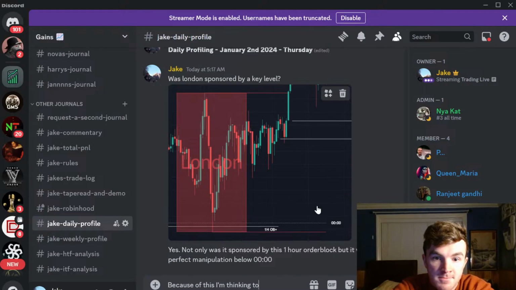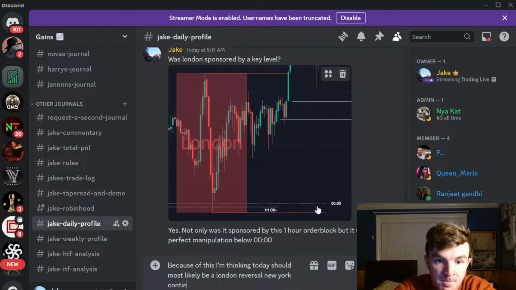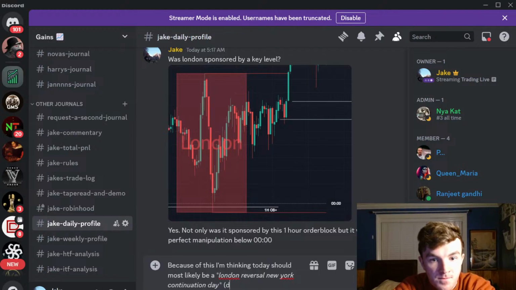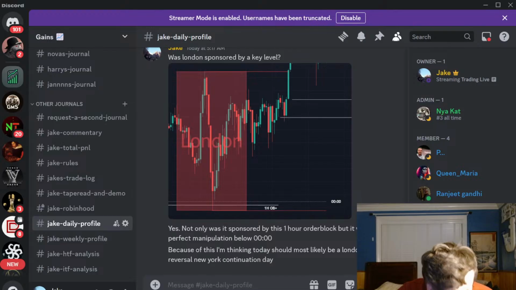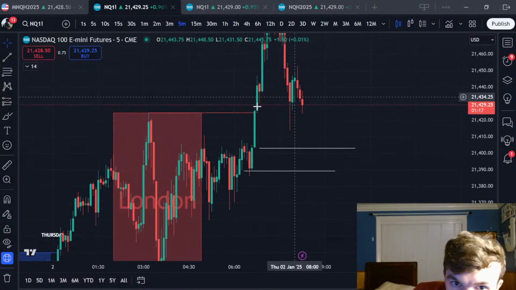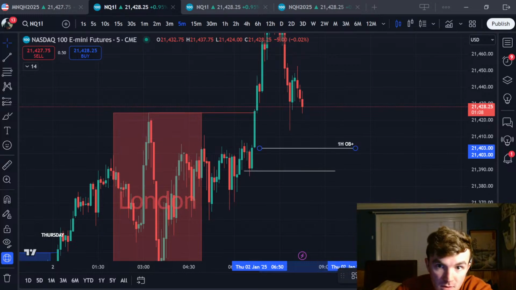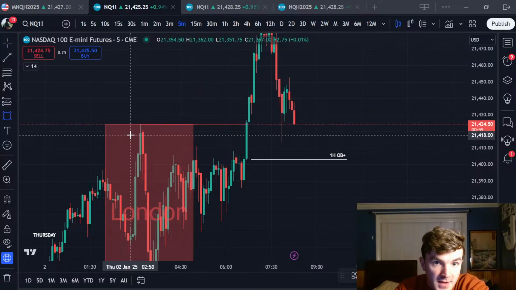Okay. So I'm thinking right now we're gonna come down into this 1-hour order block here, which you'll note is actually overlapping with this 5-minute breaker and fair value gap here.